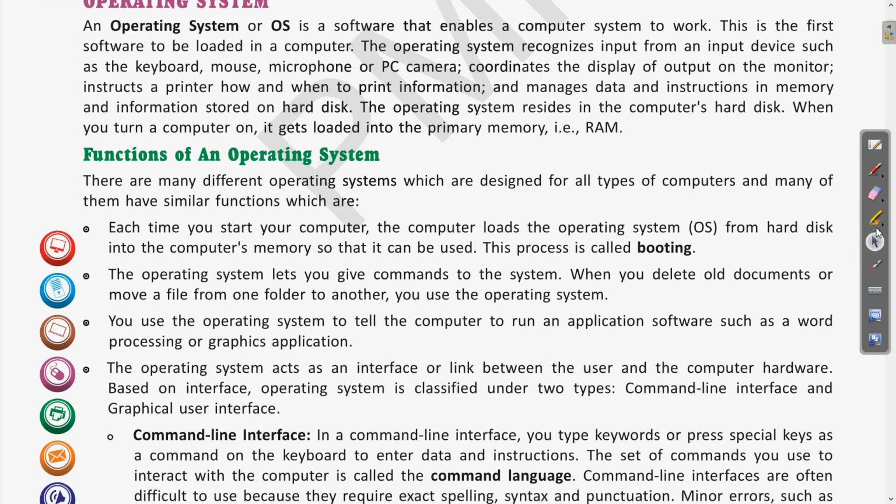Here we have the different functions of the operating system. The first time you start the computer, it loads the operating system from the hard disk. Clear? The operating system is stored in the hard disk, or you can also boot from a pen drive as well as a CD, that is compact disc.